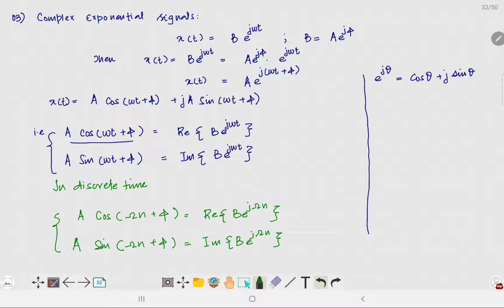Meaning the periodicity will again follow that particular property that we discussed prior to this. Fine. So this was about complex exponential signals.